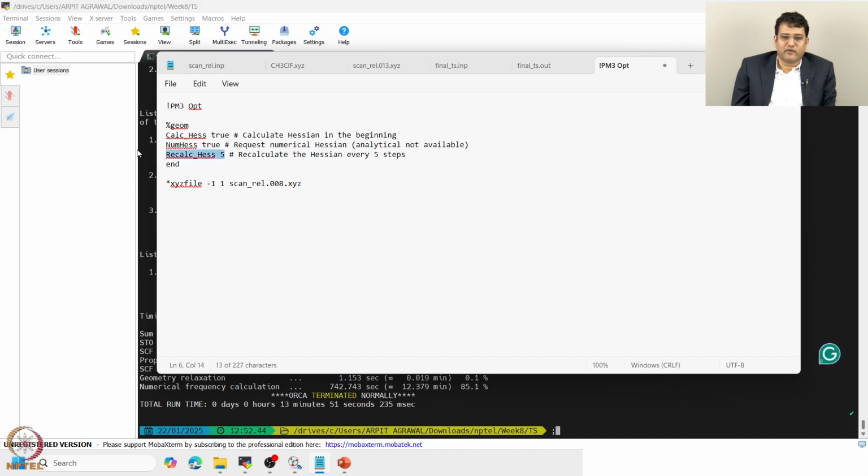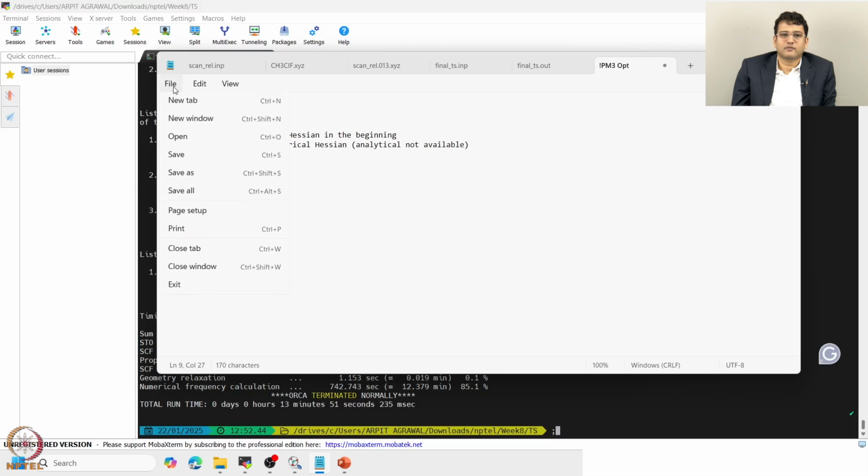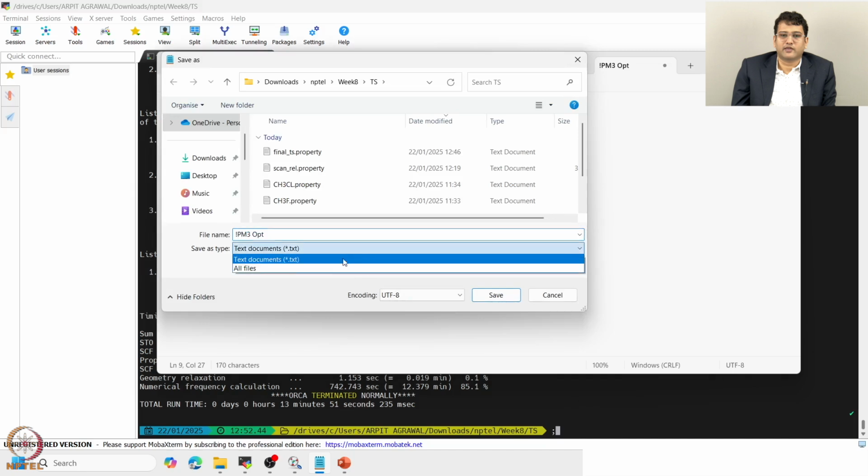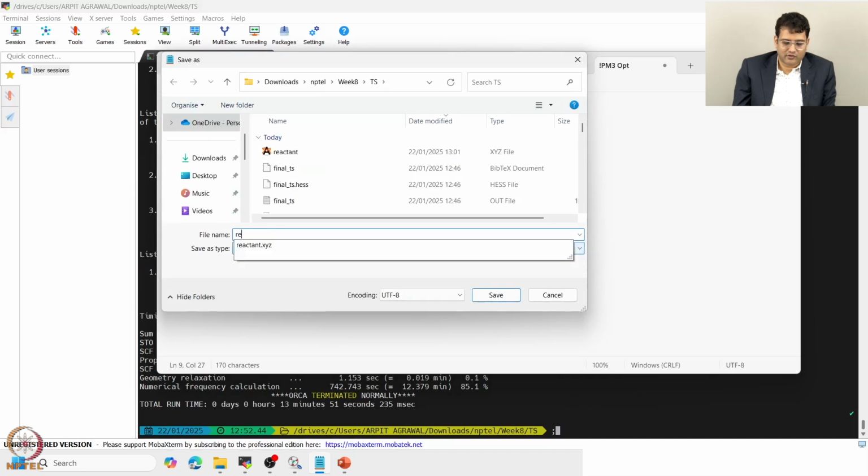It is a good idea to give an initial Hessian, but recalculating Hessian at each 5 steps may not be necessary. And of course, now I have to write the name as reactant dot XYZ. So, this one I will save with the same name as reactant, so that I do not really need to change anything.